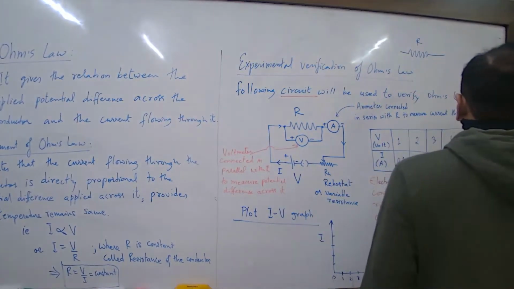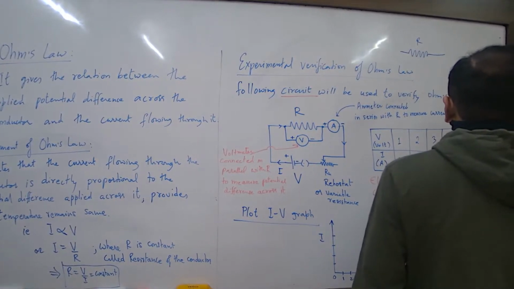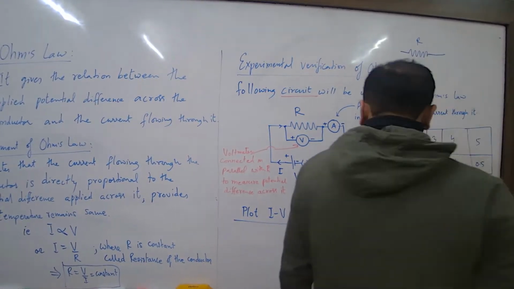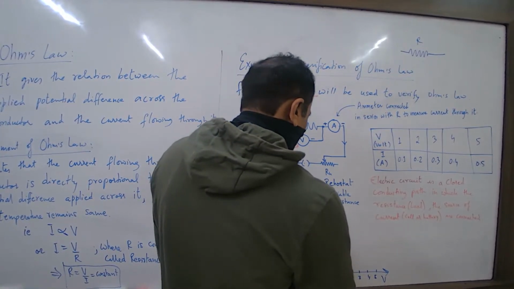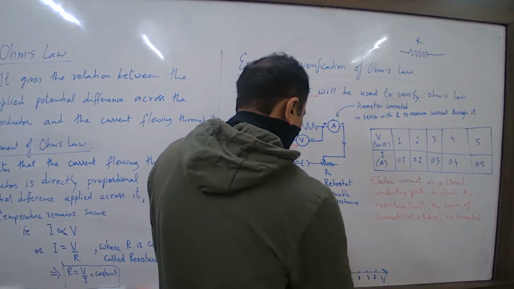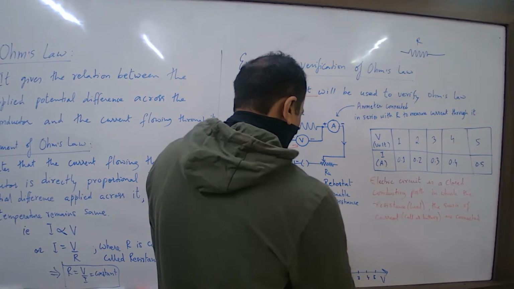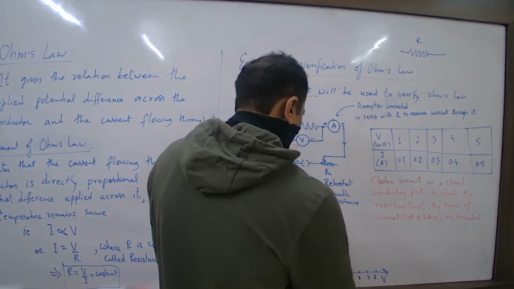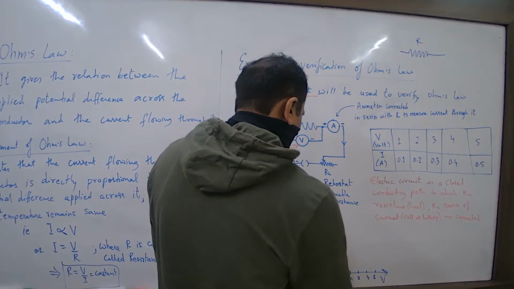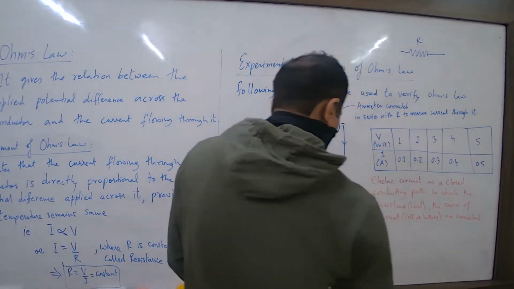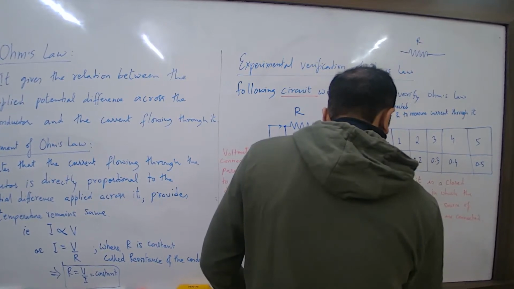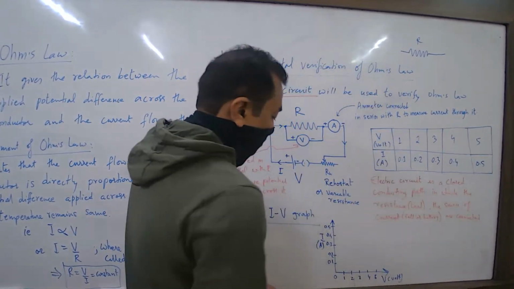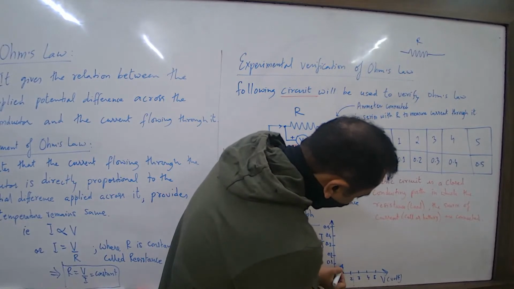Let's say you have one more reading, 5 and 0.5 ampere. So when you plot the graph, all the points will appear.